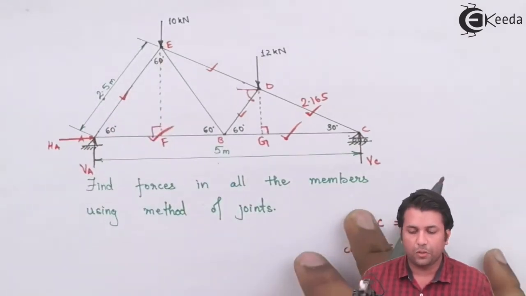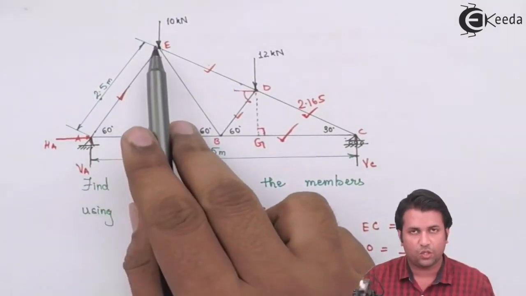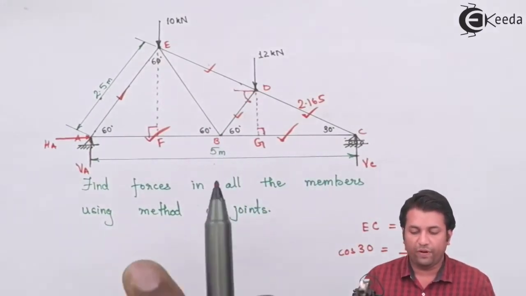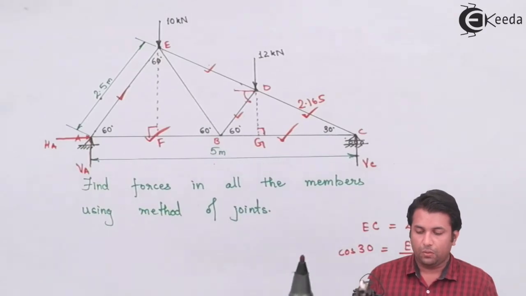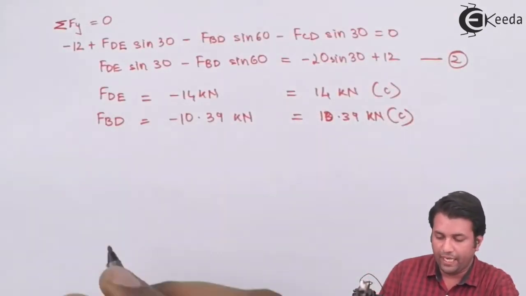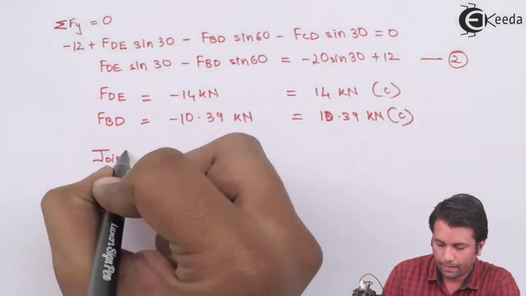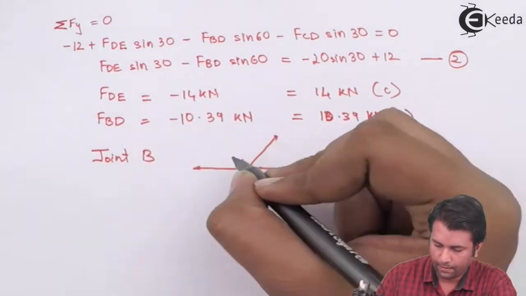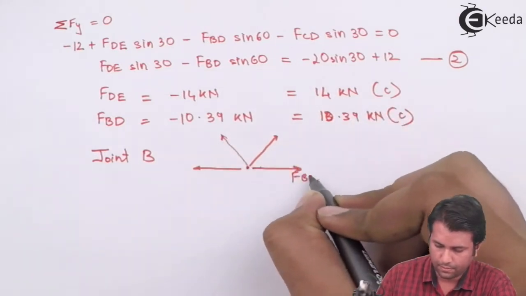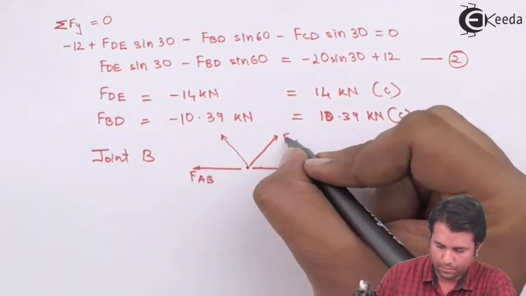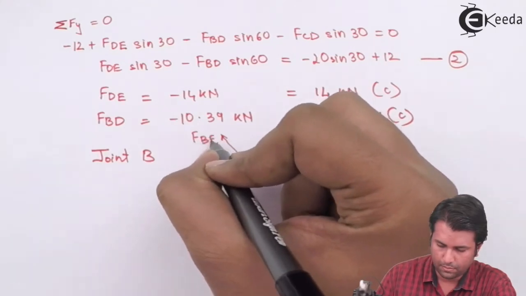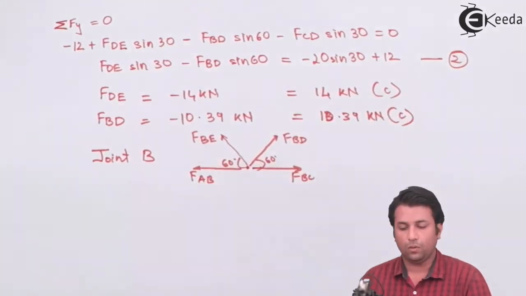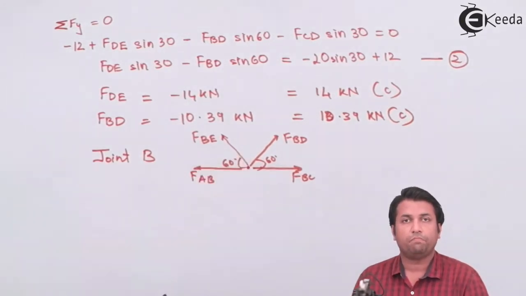So for that I can take joint E and solve it, or I can go for joint B and then solve it. I would prefer taking joint B. Now taking joint B, I need to find out the force in the member BE.